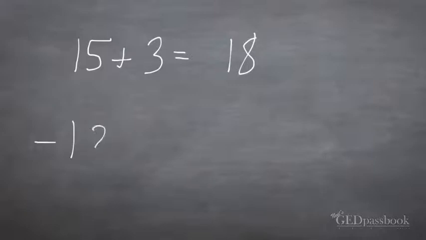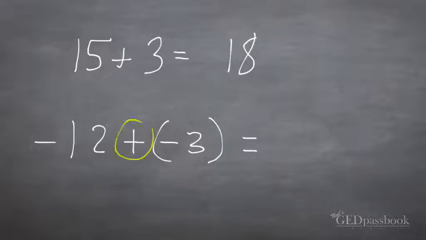Let me switch it up. Negative 12 plus negative 3. So, is this an addition problem? Yes, because of the operation. The middle sign, the middle symbol, will tell you whether you're going to add, subtract, multiply, or divide. In this case, it's an addition symbol, so we're adding.